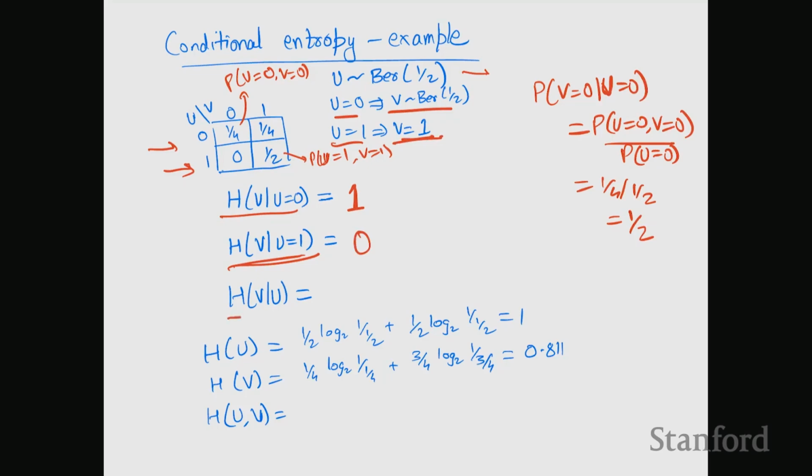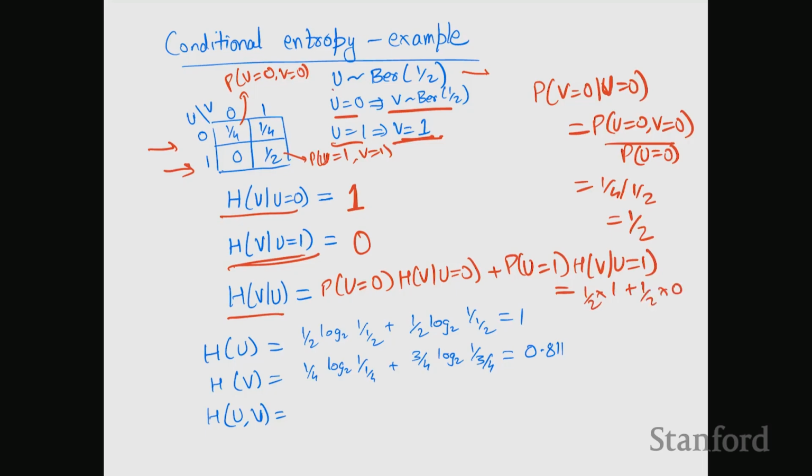And now we'll just calculate the conditional entropy, the average of these quantities, which is P(U equals 0) times H(V given U equals 0) plus P(U equals 1) times H(V given U equals 1), and then you can do half times 1 plus half times 0, because we saw that U is Bernoulli half here. So this is just half, okay.